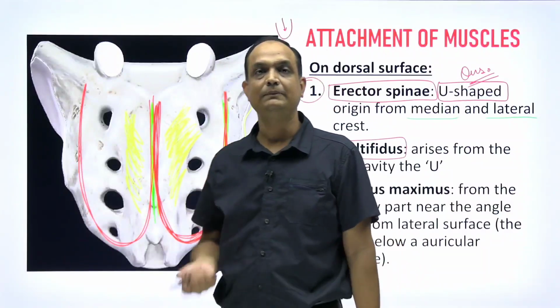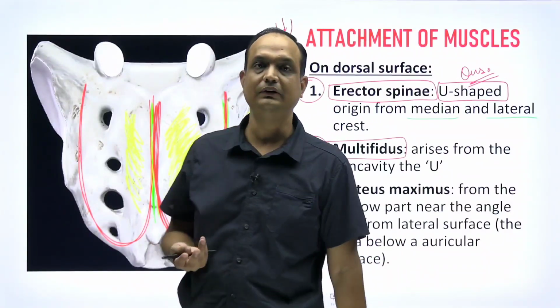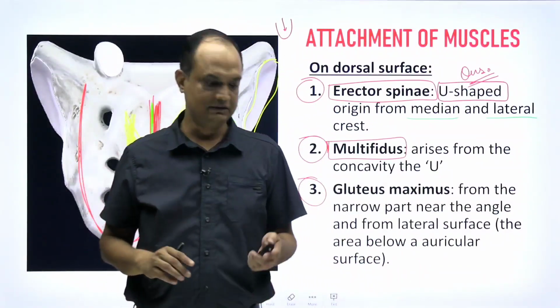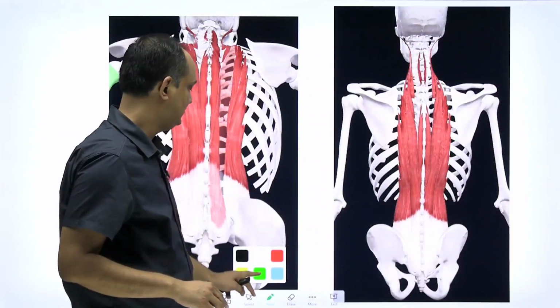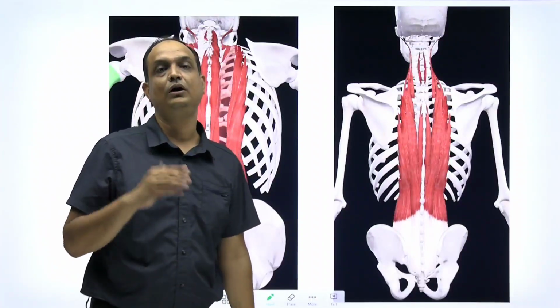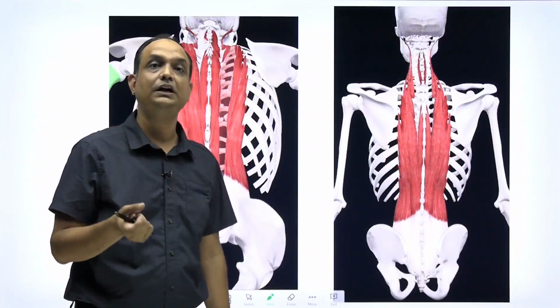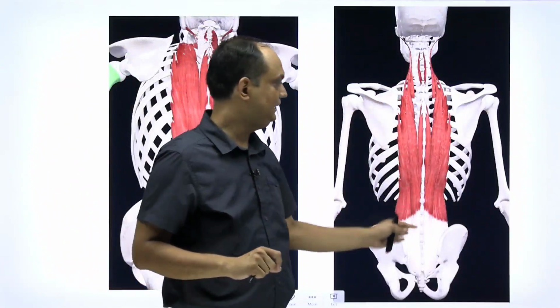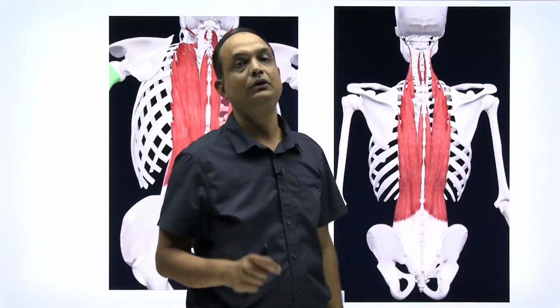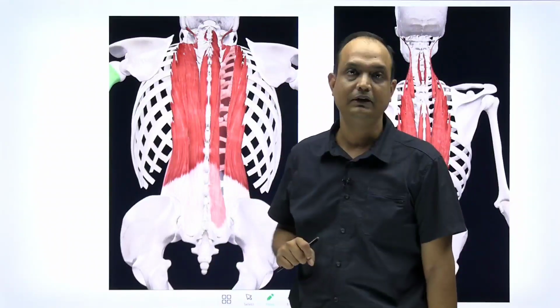So, you have to keep in mind 3 muscles on the dorsal surface and 3 muscles on the pelvic surface of the sacrum. Now, in this diagram, you can see the placement of the muscles which are deeply placed in the back. These are the deep muscles of the back, which, as I told you, are erector spinae and multifidus.